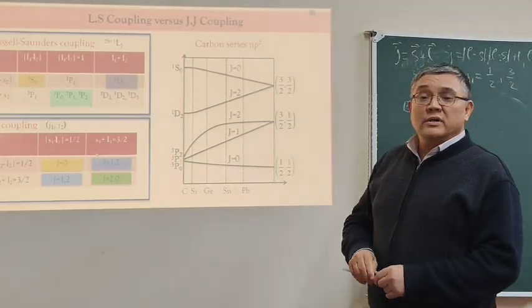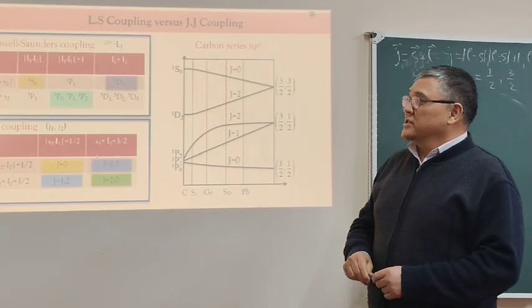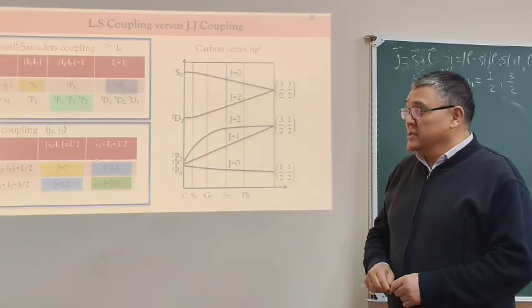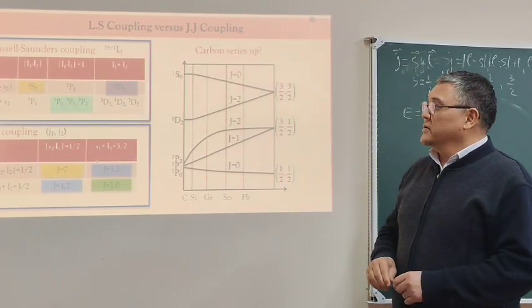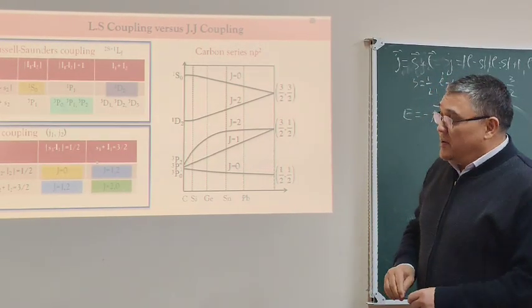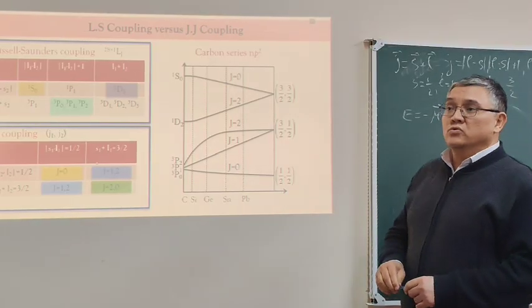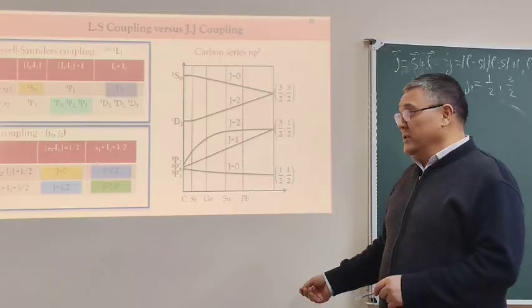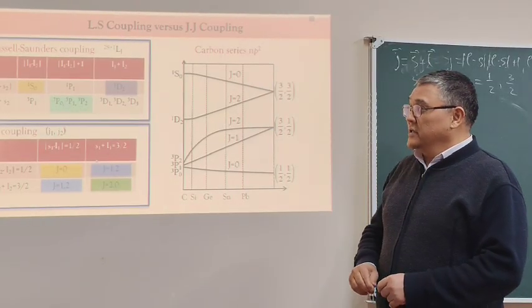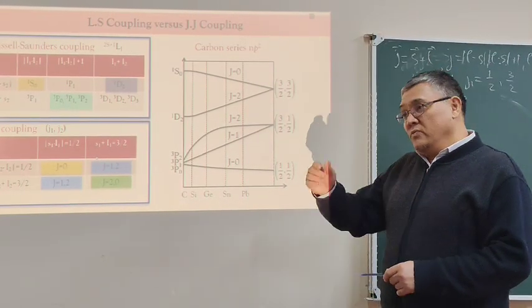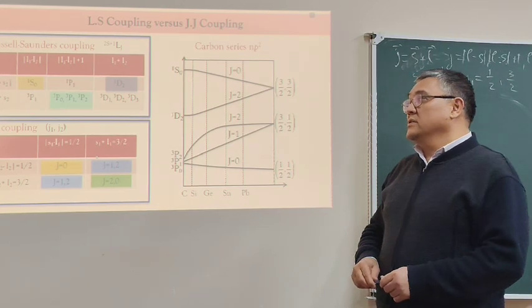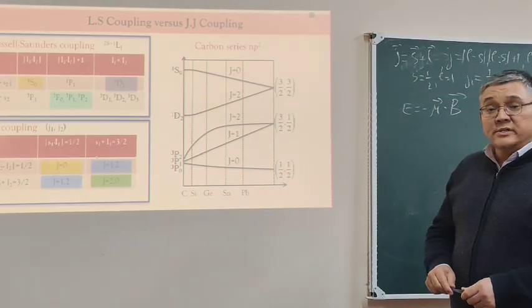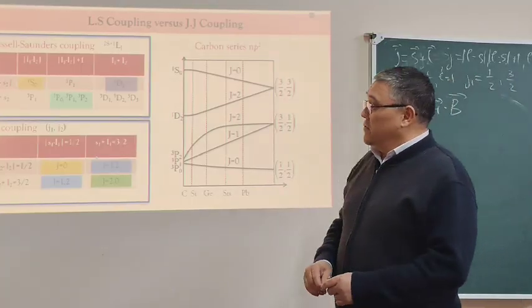Now jj coupling happens when we have electron-electron interaction much smaller than spin-orbit interaction. In this case, electrons will have total momenta equal to the sum of their spin and orbital momenta, and now we have to find the total momentum of the atom. We just need to sum all these momenta of the electrons.